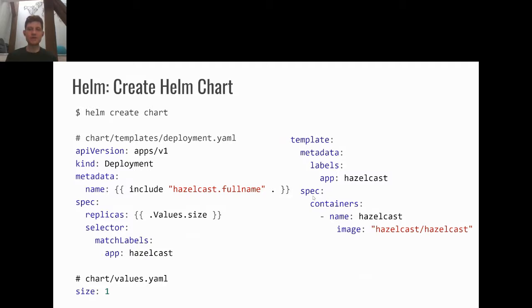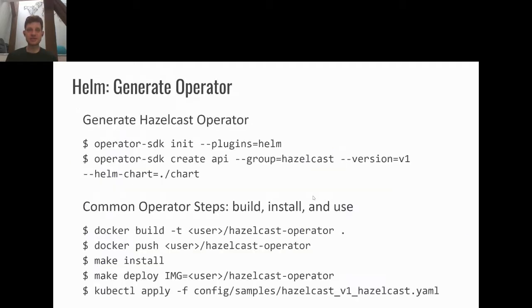When we have our Helm chart, the next step is to generate an operator from the Helm chart. You do it with operator-sdk init and operator-sdk create api, two commands, and the operator is generated. Then we need to build the Docker image, push it, and create the CRD, custom resource definition, with make install.